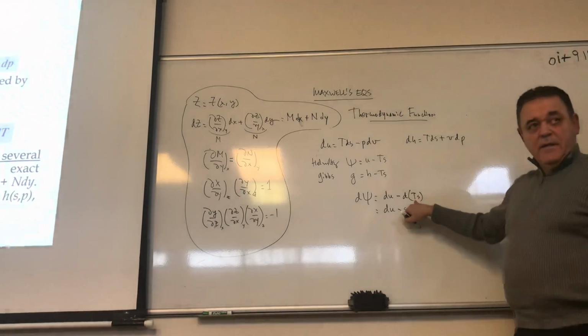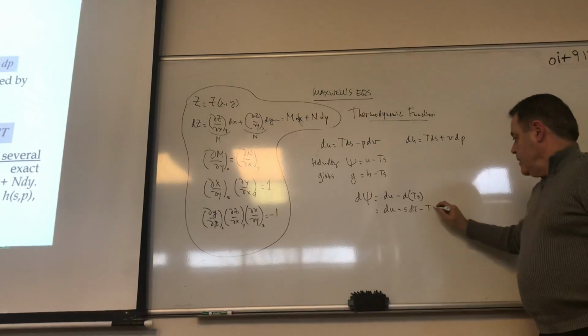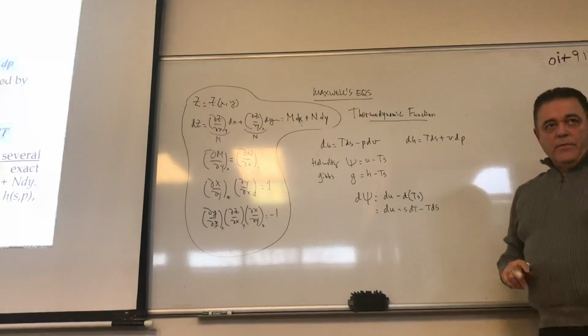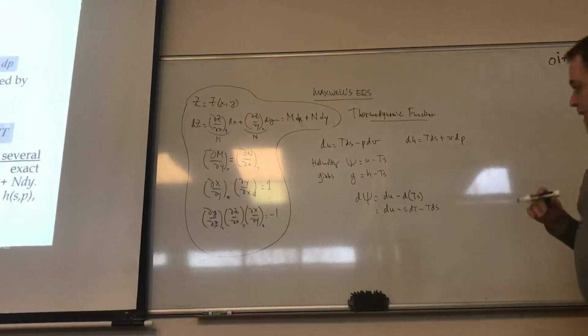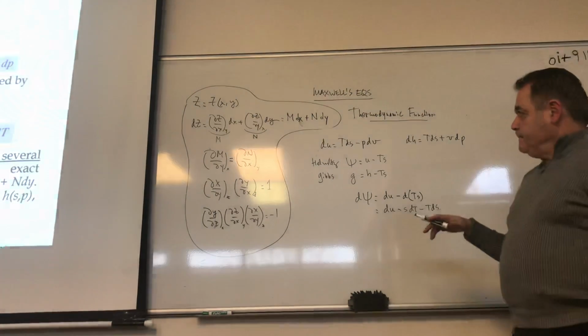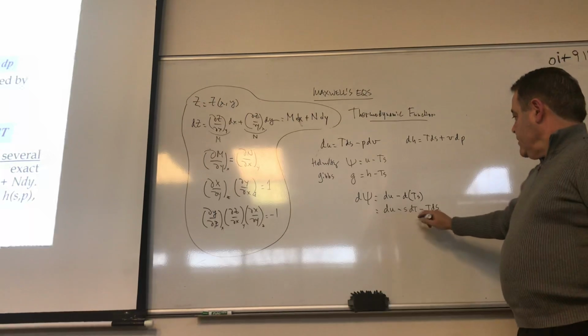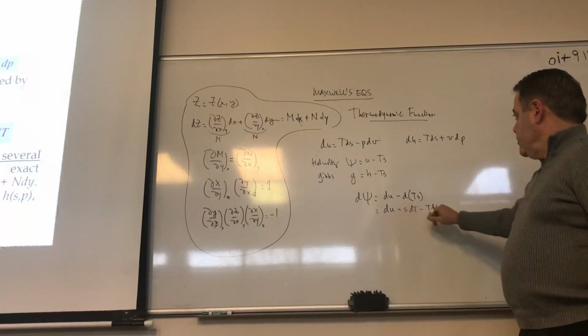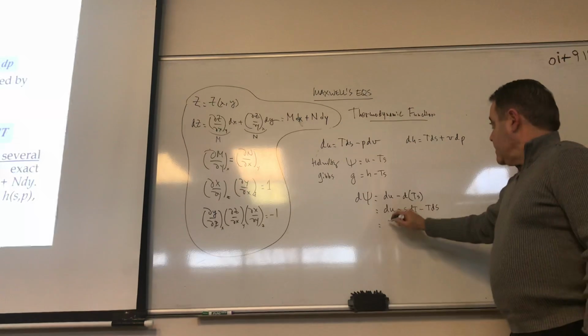Now I take T constant, dS, that's what you do. When you take a differential of a product, use the product rule, right? And then you come in and say, that's good. But then you go, oh, but I have dU here. dU minus TdS is what?